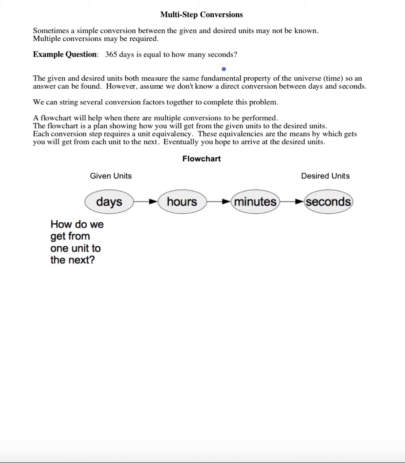So obviously here we're given 365 days and we're being asked to convert that, and we're asked for seconds. So when I set up the problem, I'll put seconds over here on the right because that's my target, my goal, and I'm going to put the quantity that I'm being asked to convert on the left.